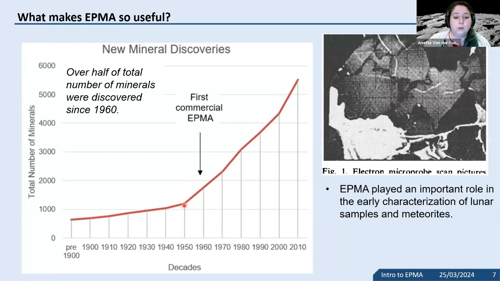And so there was a phase where universities were experimenting with that, and then the first commercial electron microprobe was introduced in 1958 by Cameca. And specifically, it was important in the early characterization of lunar samples and meteorites, because of course, these are types of samples where you don't want to apply bulk techniques, but you need a microanalytical technique.